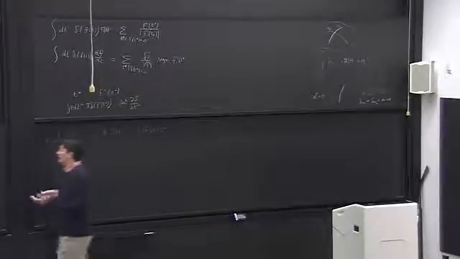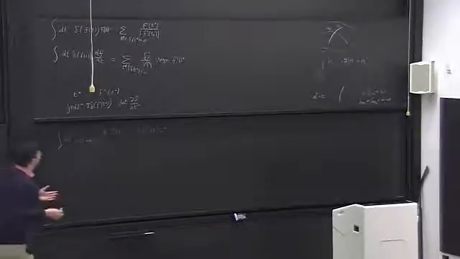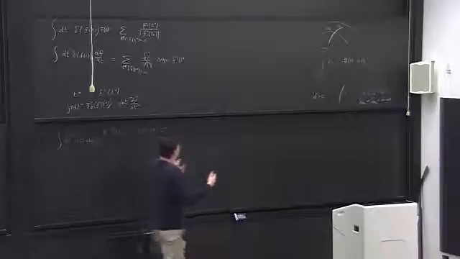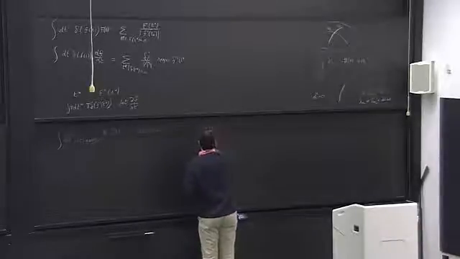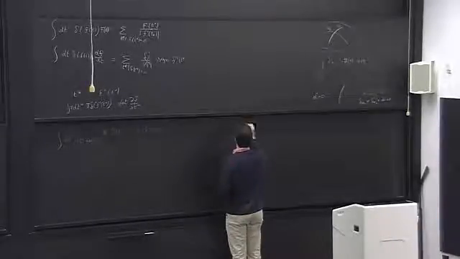So let's try to mimic that in quantum field theory. I'm going to define an operation Q with the property that Q squared is equal to 0.